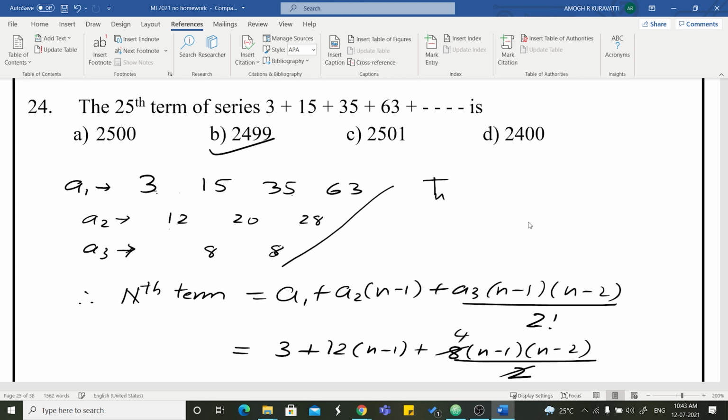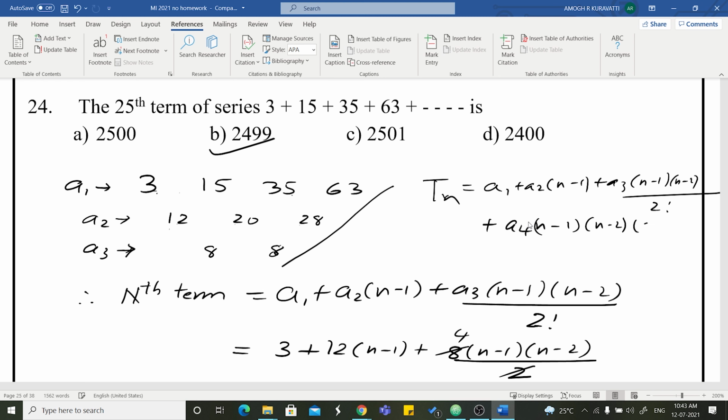Tn is equal to A1 plus A2 into n minus 1 plus A3 into n minus 1 into n minus 2 by 2 factorial plus A4 into n minus 1 into n minus 2 into n minus 3 by 3 factorial, and so on.